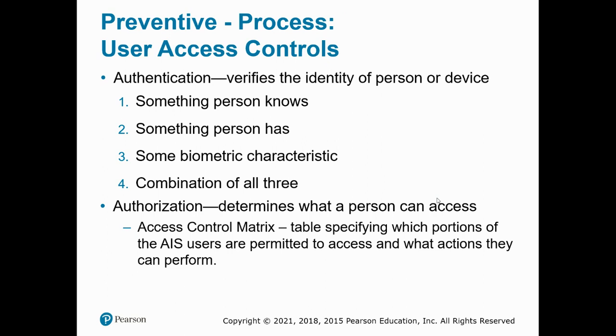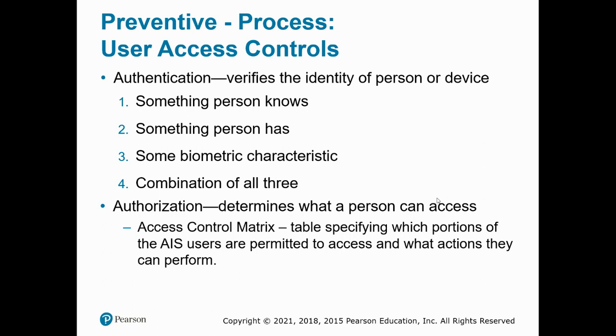The person will have something like a smart card or ID badge, and have some biometric characteristics. So those are biometric identifiers, fingerprints or voice recognition, something like that, right?